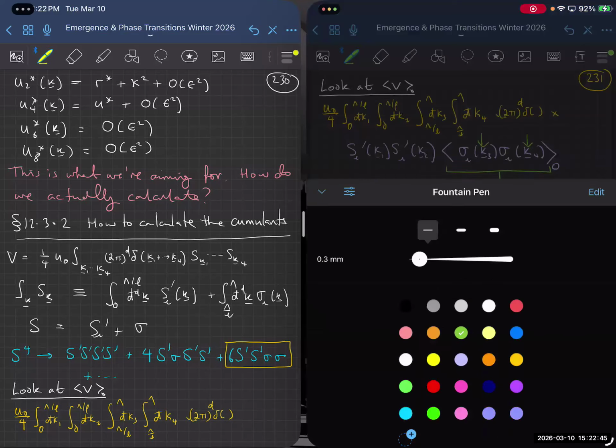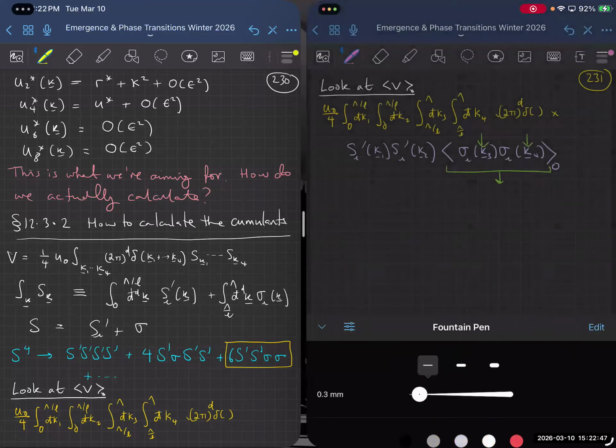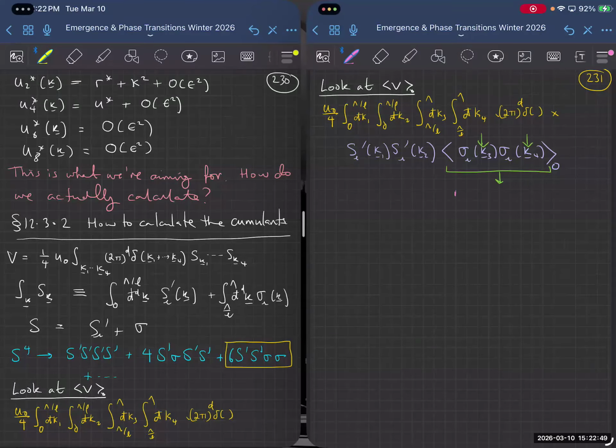So when you do this integral, once you've done it, it's going to be a big mess, but our big mess is going to be dependent on the variables k3, k4. Well, wait a minute, those are dummy variables because they are being integrated over here.